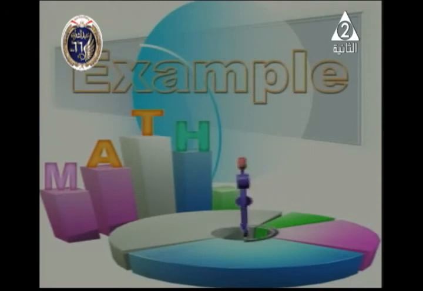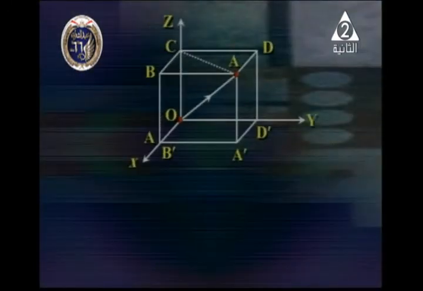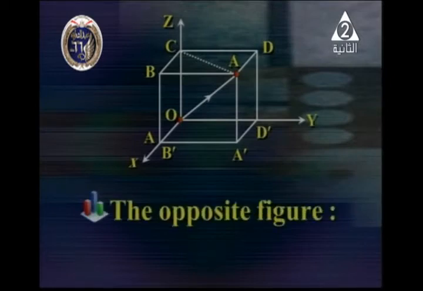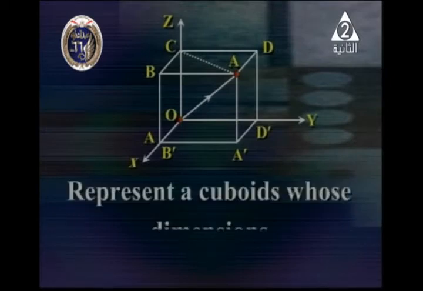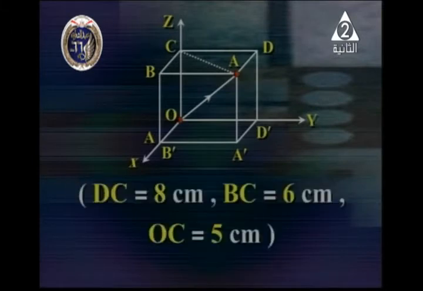Now we translate to another example. Dear student, look at the opposite figure. It represents a cuboid whose dimensions DC equals 8 centimeters, BC 6 centimeters, OC 5 centimeters, or 3 dimensions. Cuboid has 3 dimensions: length, width, height, 8, 6, and 5.